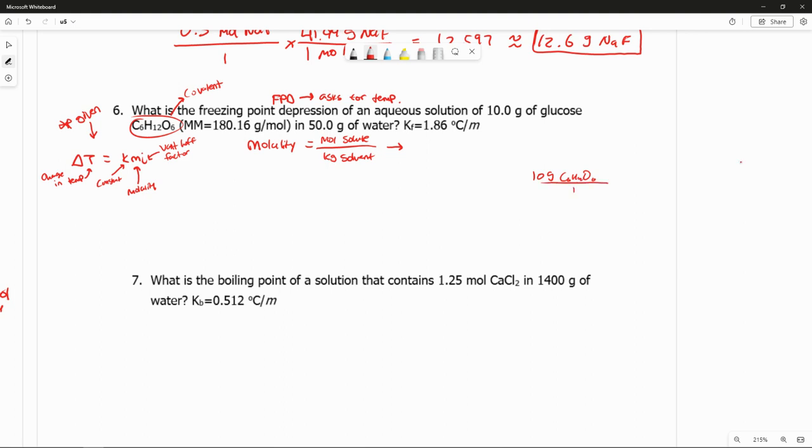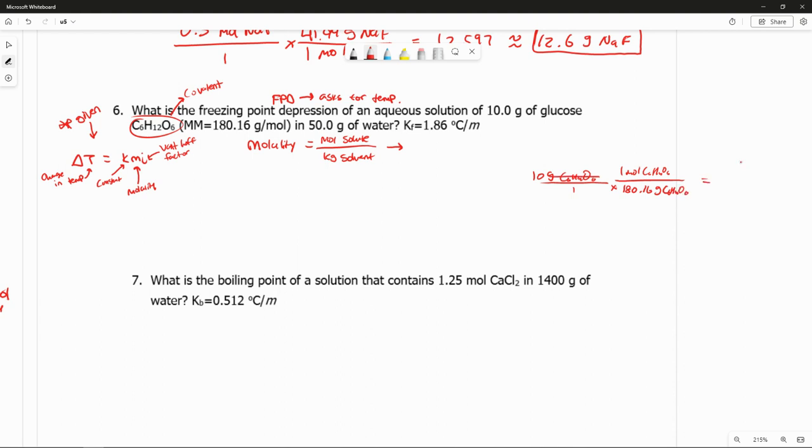We convert it using grams: for every 1 mole of C6H12O6, we have, let's take a look at our molar mass, 180.16 grams of C6H12O6.